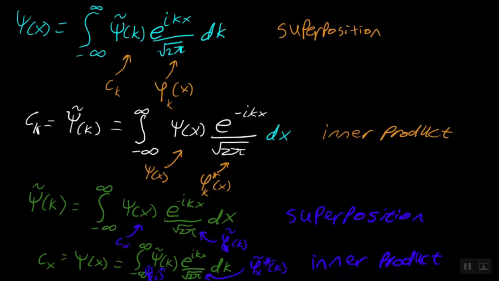It's giving us the same equation, and it's specifically consistent because c sub k equals psi tilde of k. Otherwise, if we didn't have this, we would have been able to get it anyway from the superposition, right? So again, hopefully this makes sense. If that last point didn't make sense, just ignore it. It's not important at all.